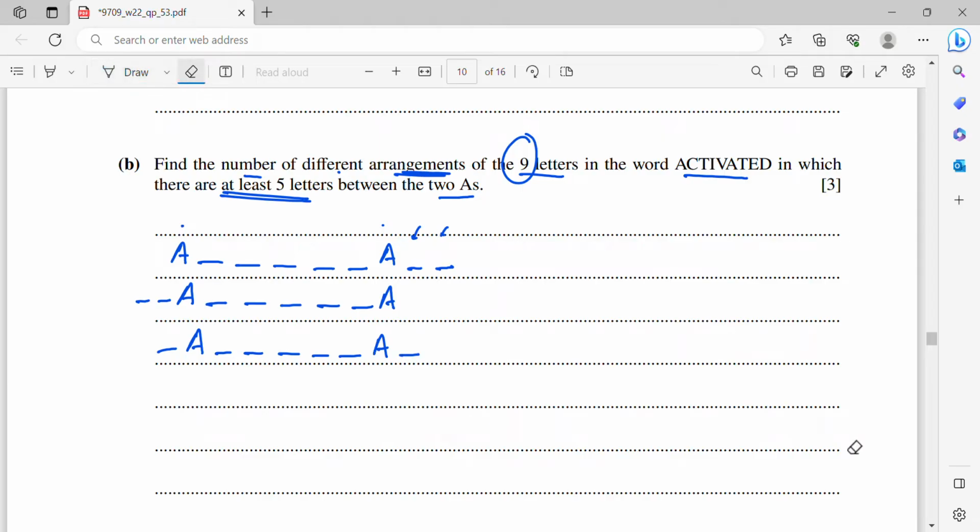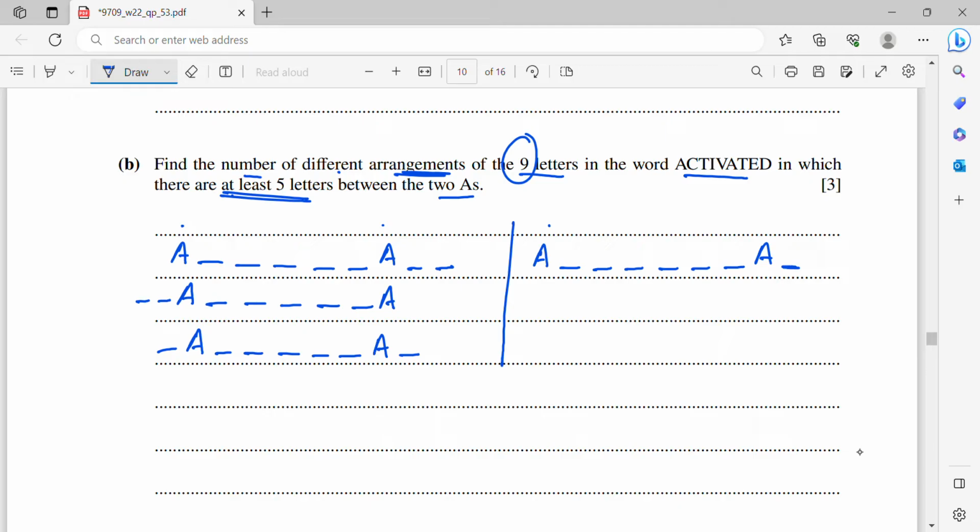Alright, so these are the cases when it is exactly 5, but now it's at least 5. So at least 5, maybe 6. So I may draw A, then 1, 2, 3, 4, 5, 6. So there are 6 in between the 2 A's. So 6 plus 2 A's means 8, means I have another 1.